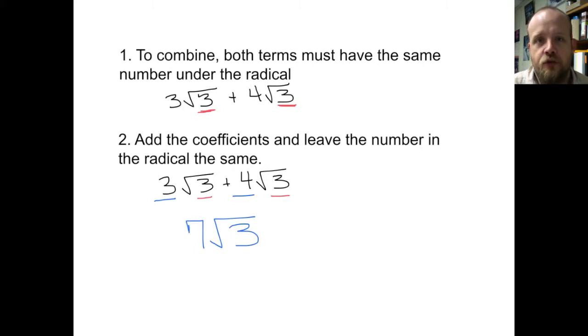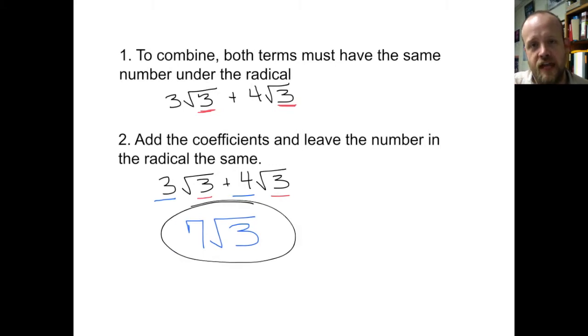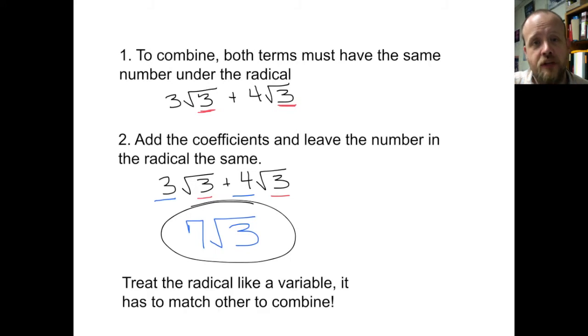That's it. 3 radical 3 plus 4 radical 3 gives us 7 radical 3. As long as those values are the same, you can just add them all day. The big goal is really to remember that when you're combining these, you have to treat the radical like a variable. It has to match the others in order to combine.